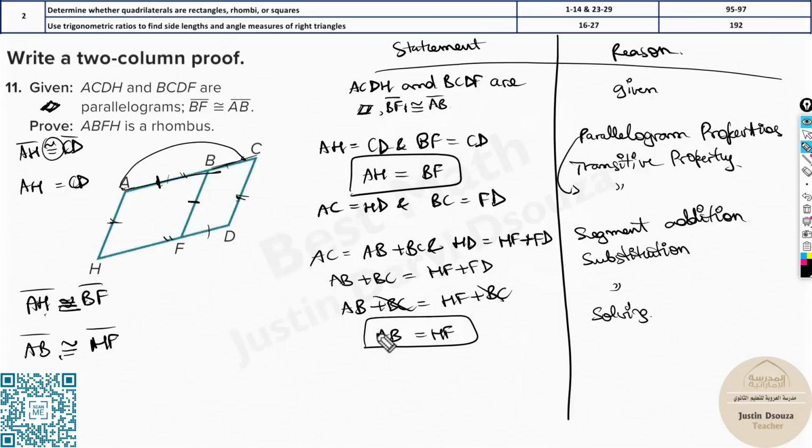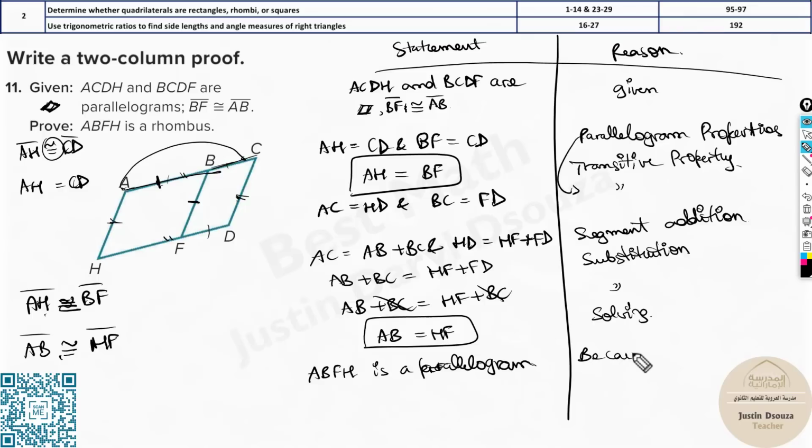So what can I tell? ABFH is a parallelogram. Okay, you can just write. Sorry for my spellings. It's already written in the question. You can copy it from the question itself. And then over here, why?